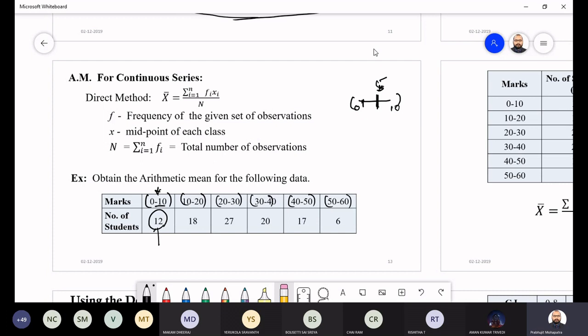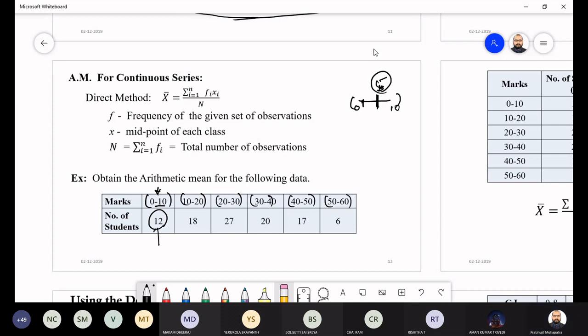But now that information you don't have. Someone has just said there are 12 numbers between 0 to 10. So how to deal with that? You don't have proper information, so you just take the middle position. That will represent the interval perfectly.